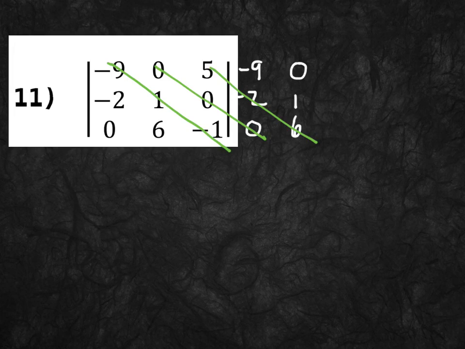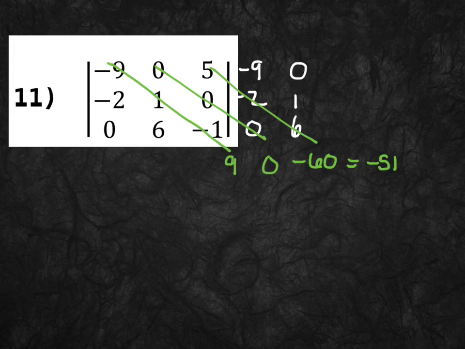And so your first down product is positive 9. 0 is the next down product. And the last one is going to be negative 60. So when I combine that all together, I come with a negative 51 for my downs.